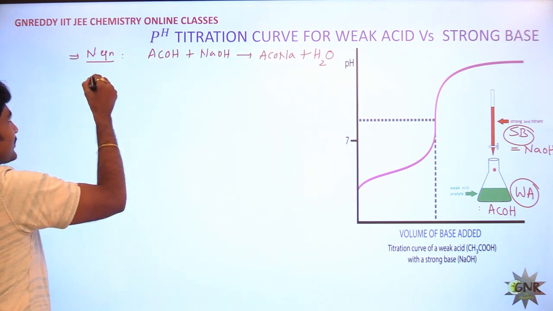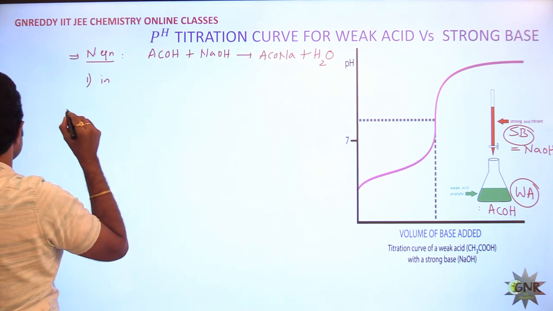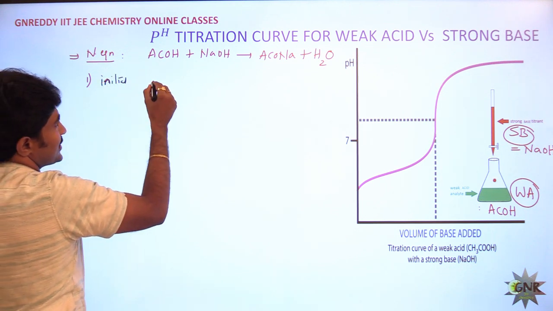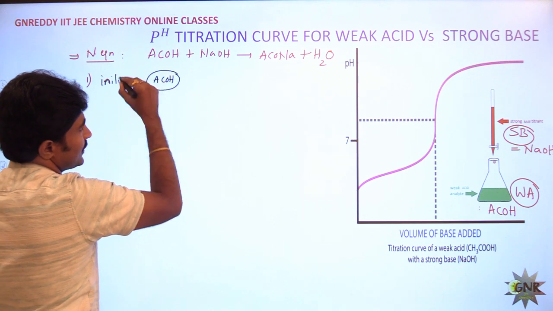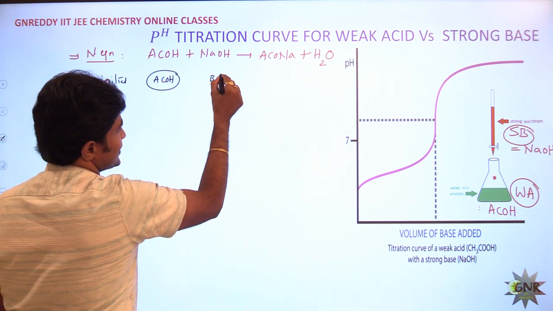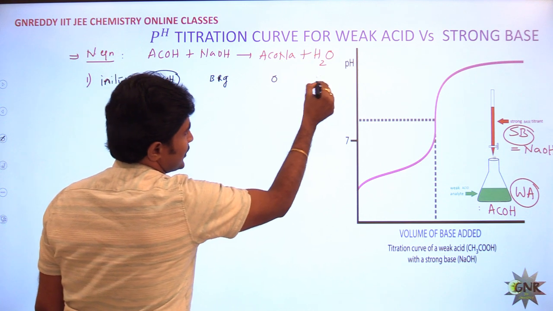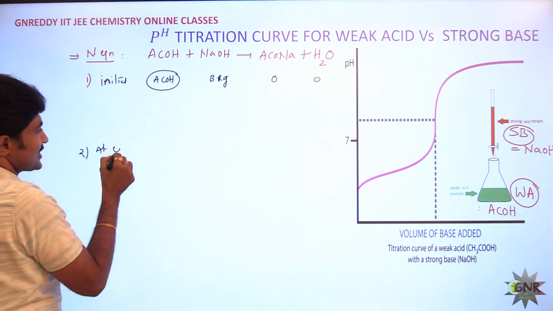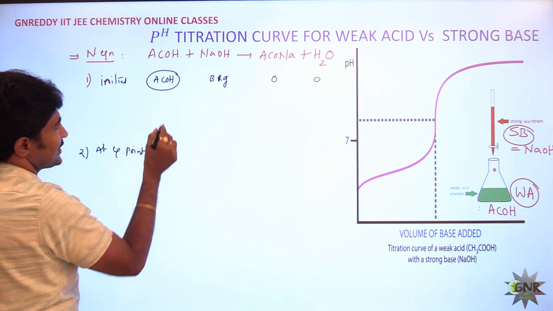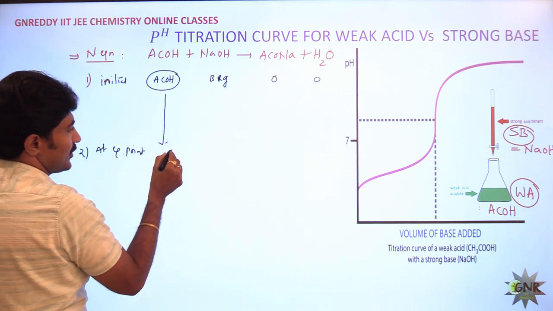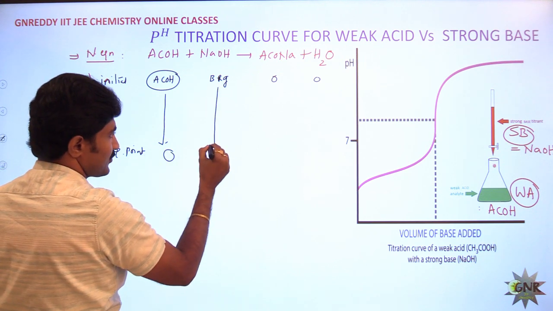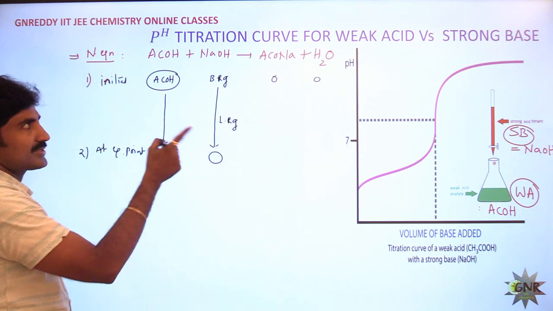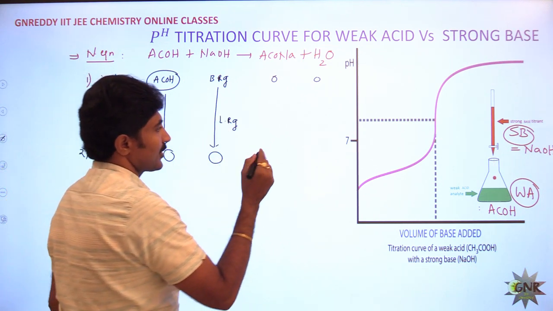Here also the same concept. Initially, only acetic acid is present, and the burette reagent is 0. At the equivalence point, the acetic acid is completely consumed, 0, and the burette reagent up to this equivalence point is a limiting reagent, so the added sodium hydroxide is also completely consumed.